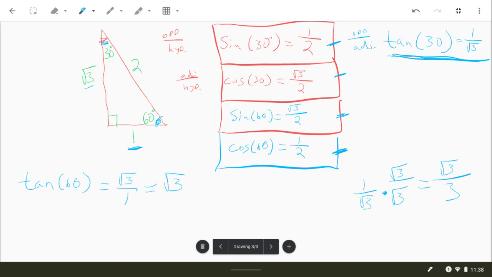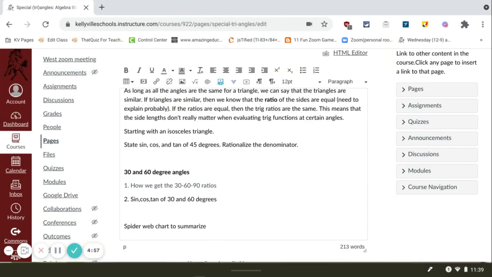So tangent of 30, the other way to think about that is root 3 over 3. These are the definitions for the trig functions at 30 degrees and 60 degrees. These are their exact values, not just a decimal representation if you were to type it in on a calculator.